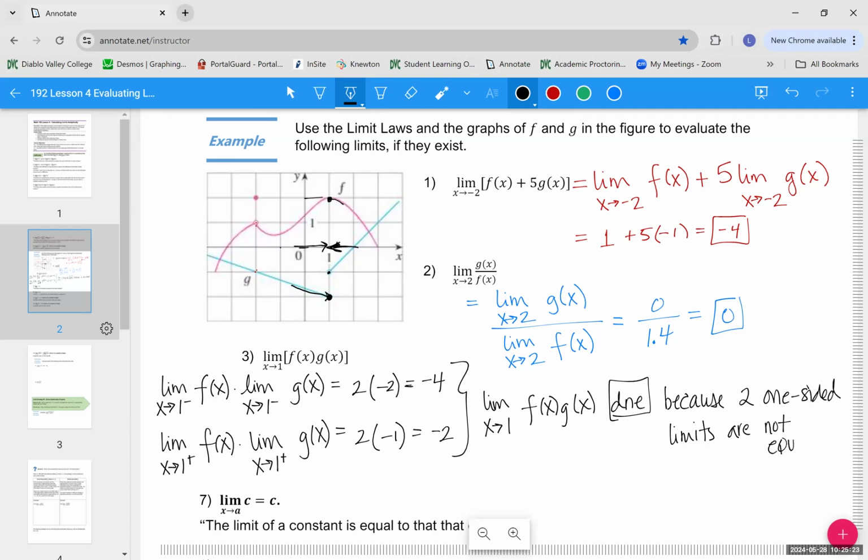So it's really important to note that if you are going to try to figure out one-sided limits and see if they're equal to determine whether the two-sided limit exists, you need to use the actual notation. You need to include x approaches 1 from the left, x approaches 1 from the right, the limit.